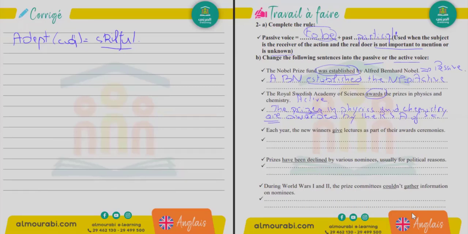Each year, the new winners give lectures as part of their award ceremonies. Is this active or passive? It is active voice. Would you passivize it, please? Each year, lectures as part of the award ceremonies are given.